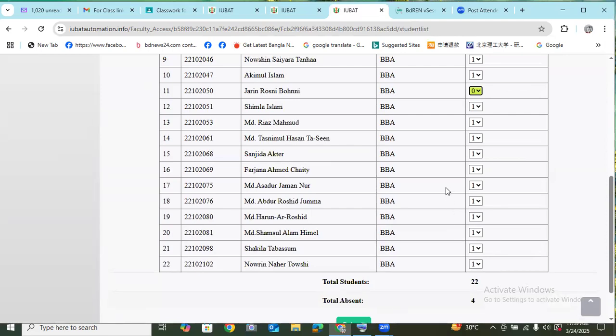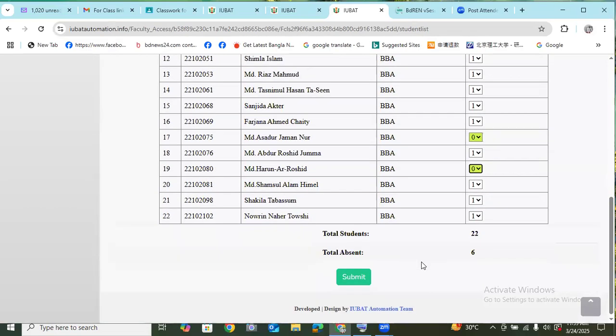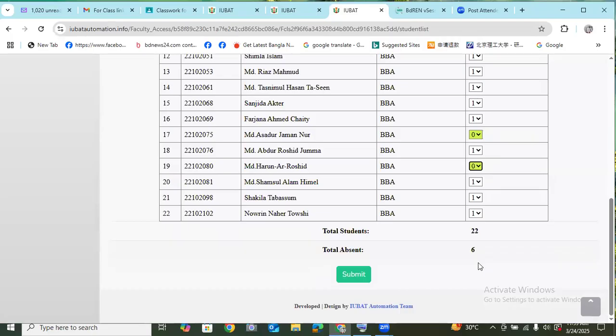Asaduzzaman Noor, absent. Abdul Rashid, present. Harun al Rashid, absent. Samsul Alam, present. Shakila Tabassum, present. Naurin Nahar, present. Okay, so total 6 absent.